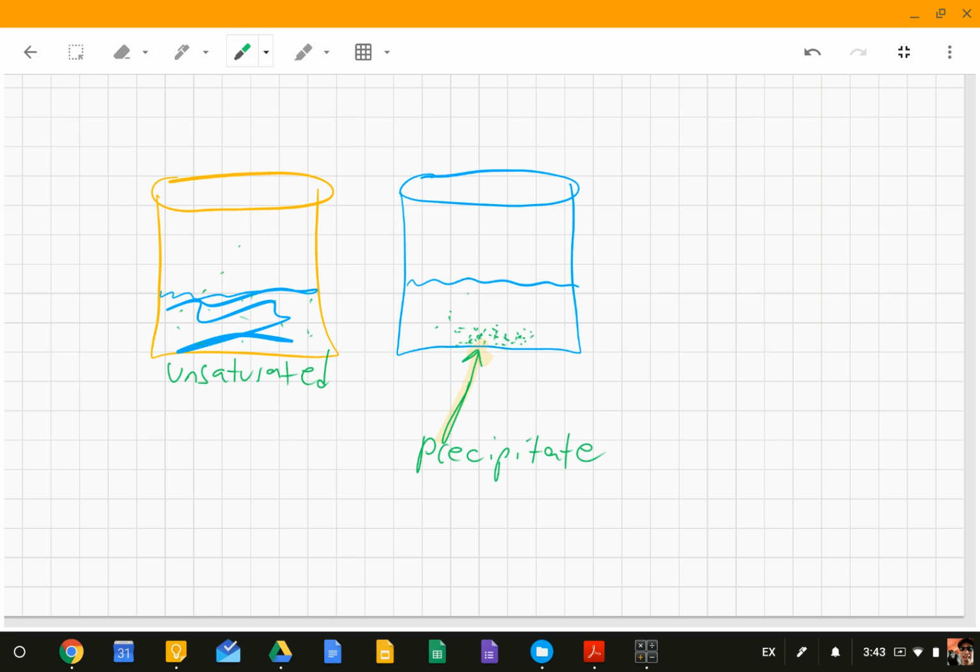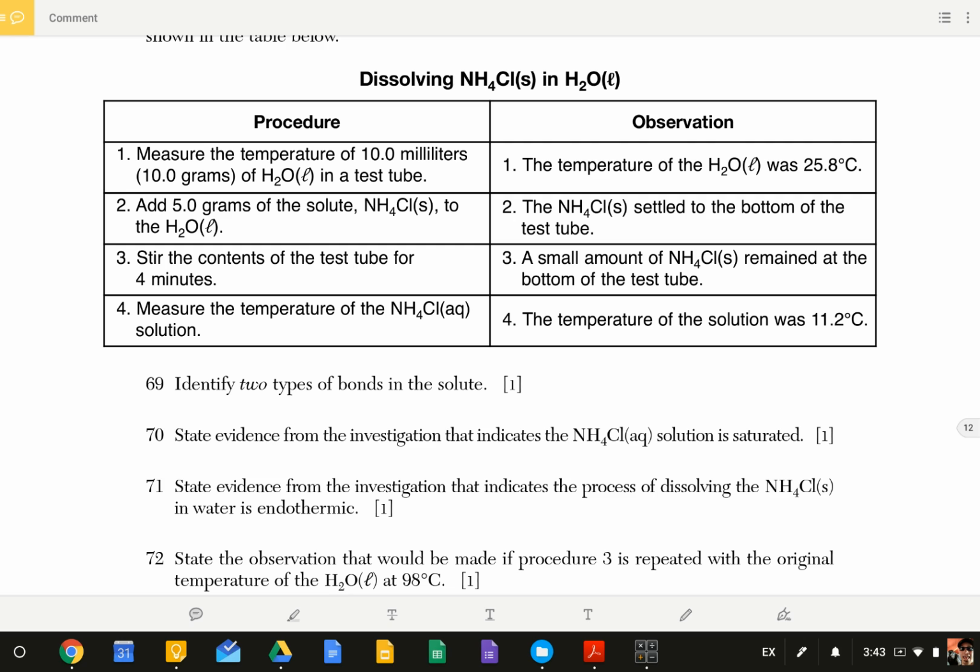And if you notice that for a certain amount of a solvent, like water, at a certain temperature, that the solute will not dissolve, that means that the solution is saturated at that temperature for that amount of water that you're trying to dissolve stuff in. So evidence that you have a saturated mixture is that not all of the solid dissolves and you get some solid precipitate building up. So that is the answer for number 70. There is evidence, and it's right.